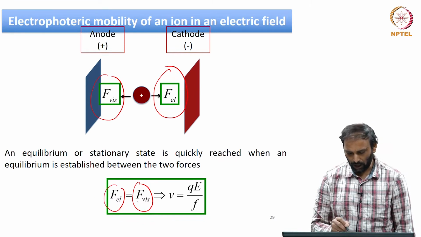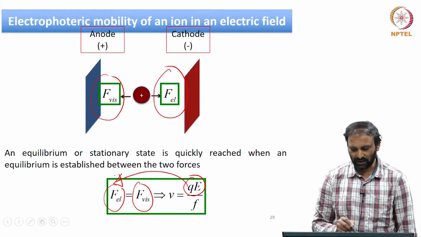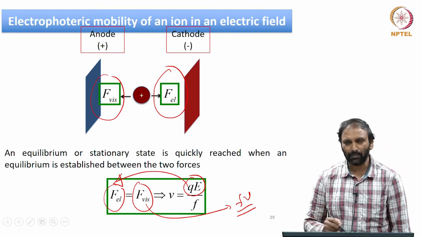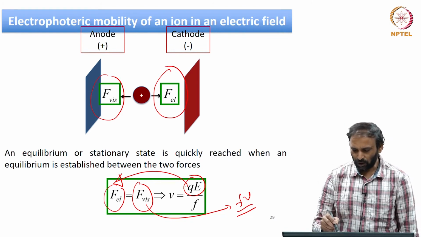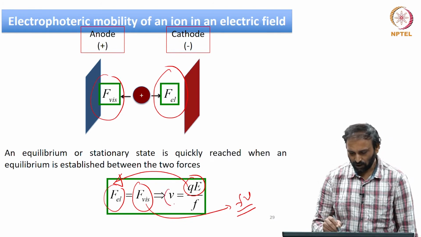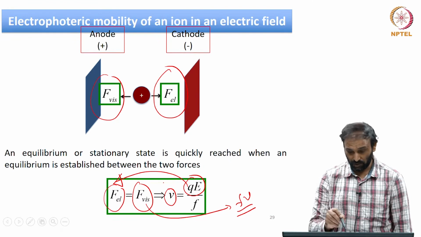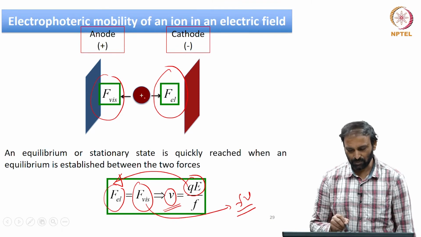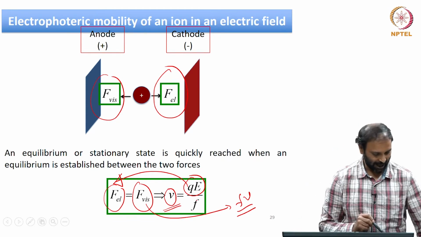Therefore, we could equate the electrical force that is generated because of the applied electric field and the viscous force, that is F times V, that is set up because of the drag that the moving ion experiences in the fluid. So, we can obtain an expression for the velocity with which the ion is moving in the fluid, and that is given by Q times E divided by F.